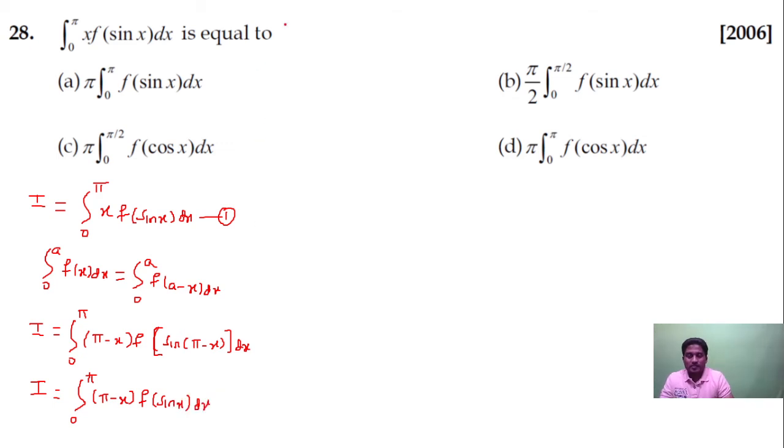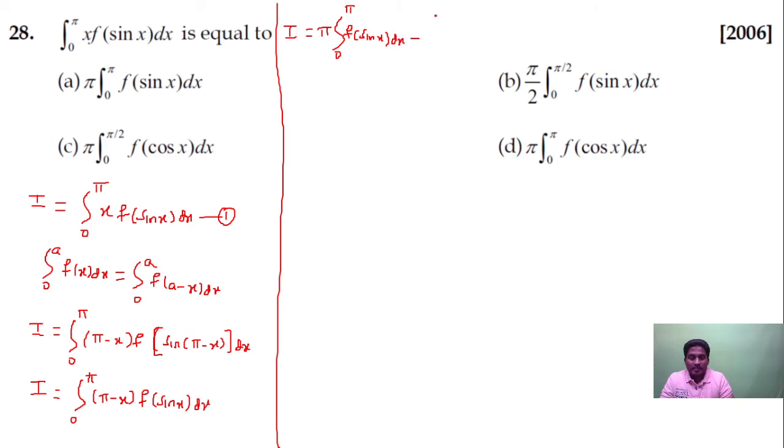Now if I separate them, I is equal to pi, which is a constant, times integration 0 to pi f of sin x dx, minus integral 0 to pi x into f of sin x dx.